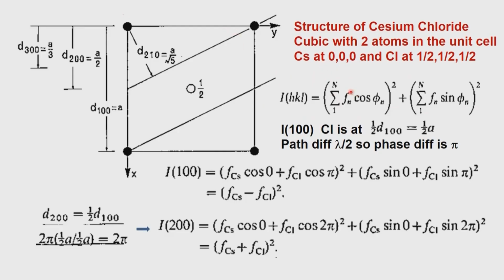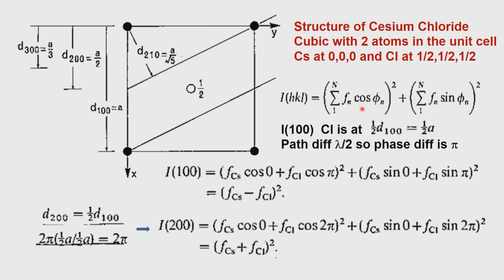This is equal to the sum over i equals 1 to n of f_n cosine phi_n, where phi_n is the phase, squared, plus the sum over 1 to n of f_n sin phi_n, squared. That is because you have discussed earlier on the scattering factor and then eventually the structure factor.